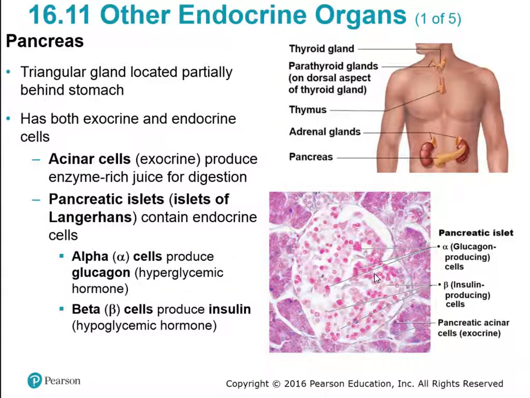In this pancreas tissue picture, think of the islets of Langerhans like an island. They're little islands within the tissue space, and all of the tissue surrounding the islet is your acinar cells for exocrine digestive juice production.